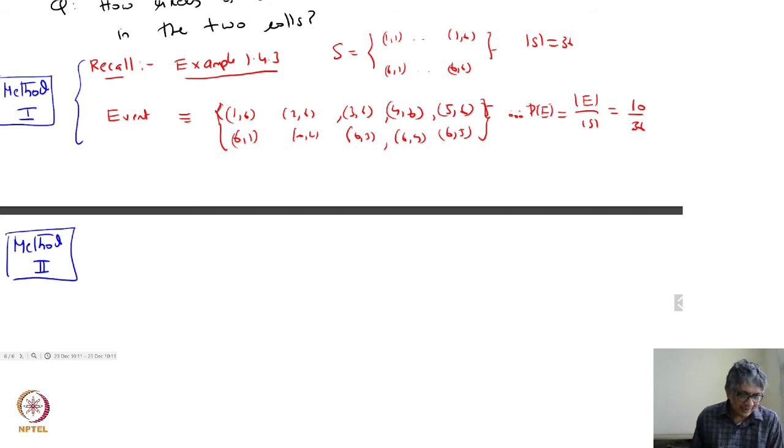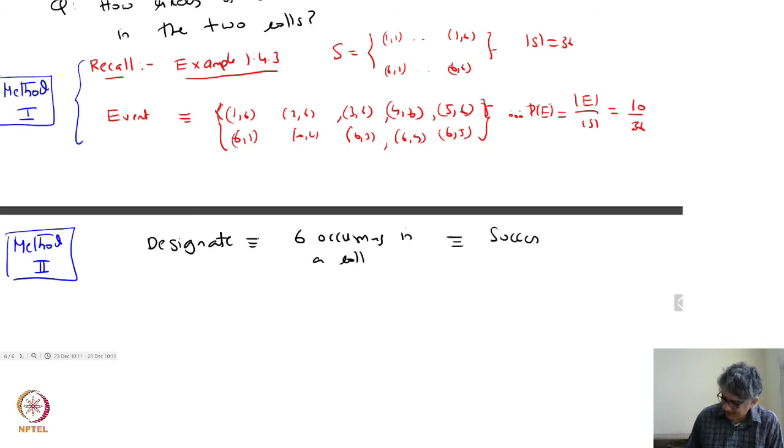So what happens is that here I'm only interested in 6. So what I do is I designate the outcome 6 as success. Okay? So I'll say, let's say, designate 6 occurring in a roll as success, and 6 not occurring in a roll as failure.